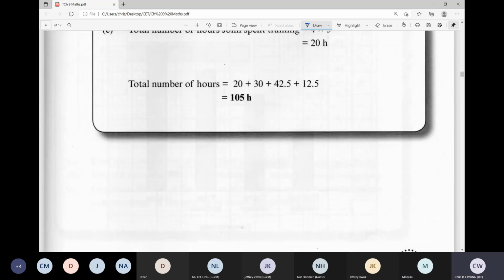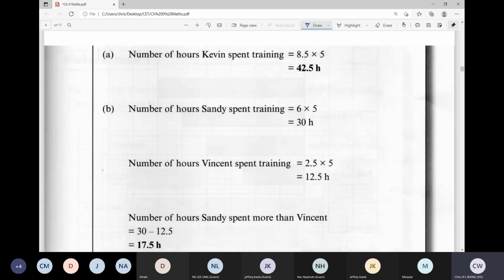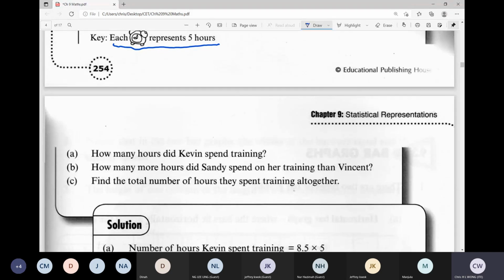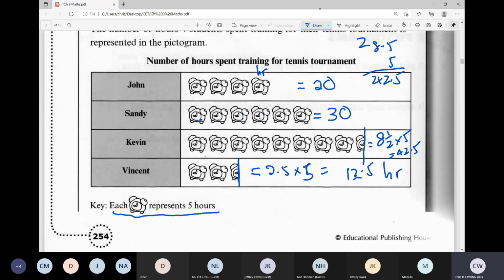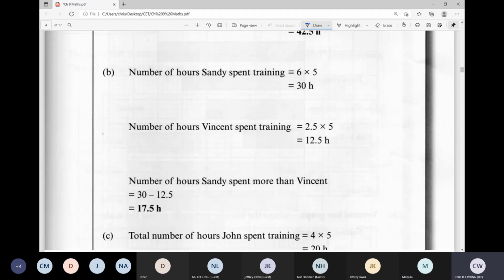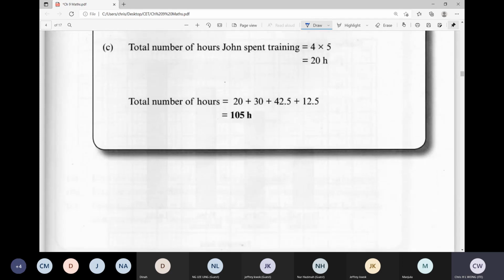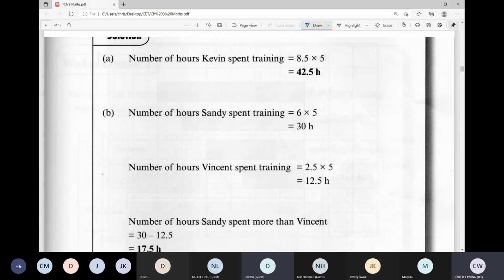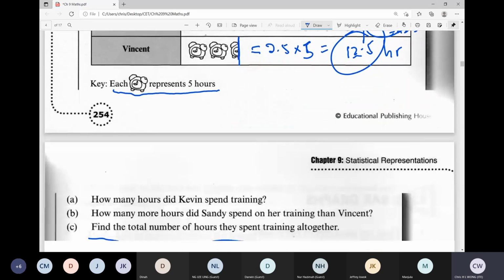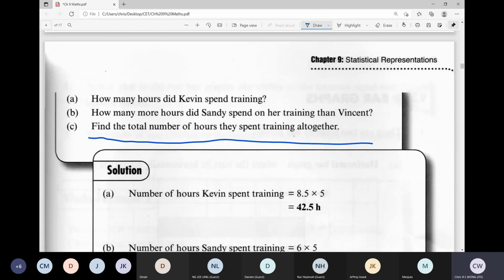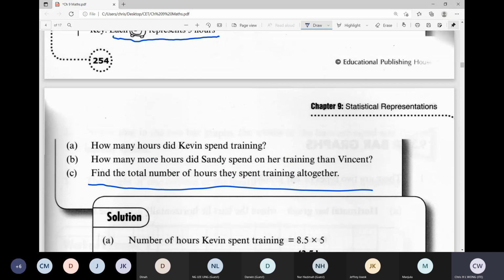I'll just move on. If I ask you in the end, what is the total number of hours spent? You add them all together. You add this plus this plus this plus this, and you get the total hours. Finally, they ask the question: what is the total number of hours they spend training together?